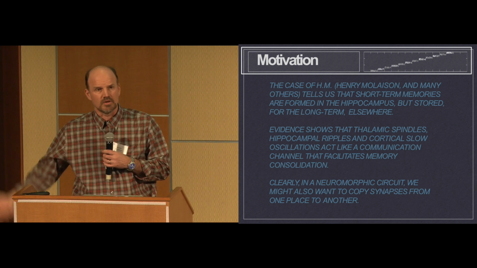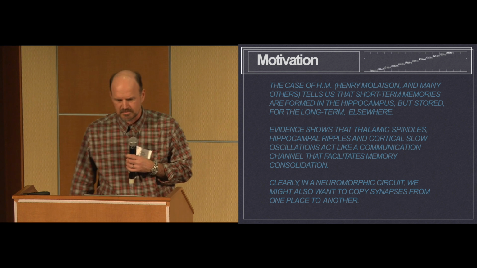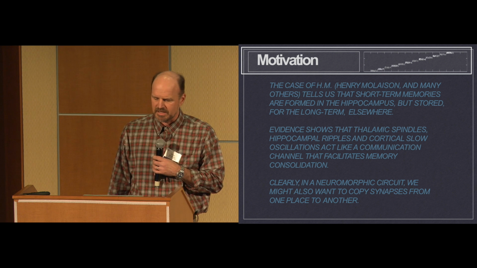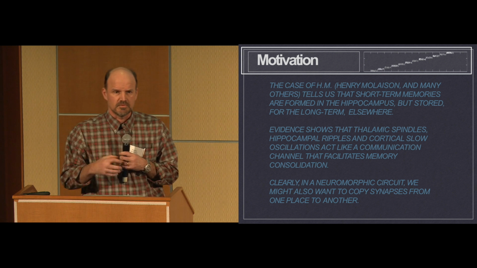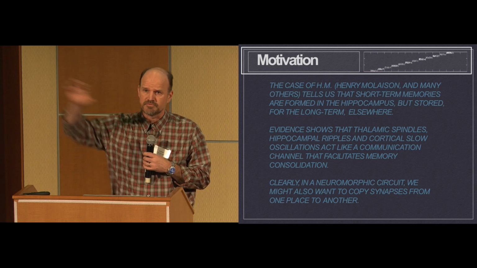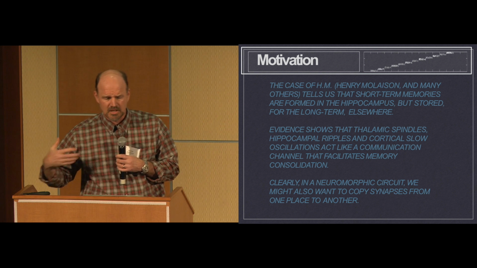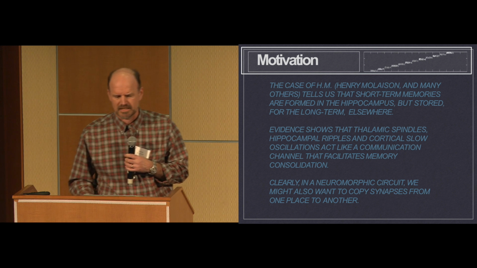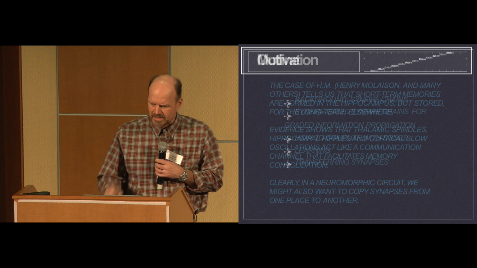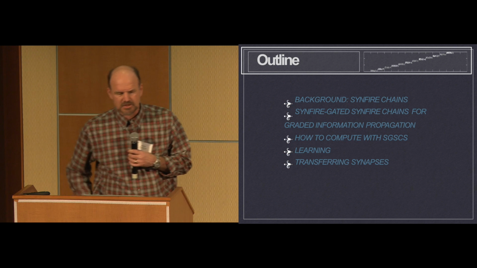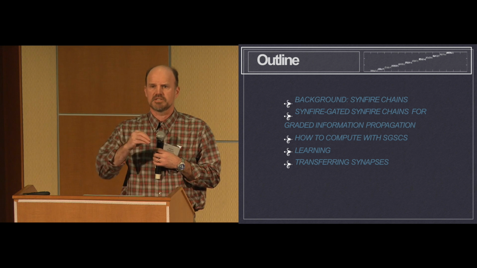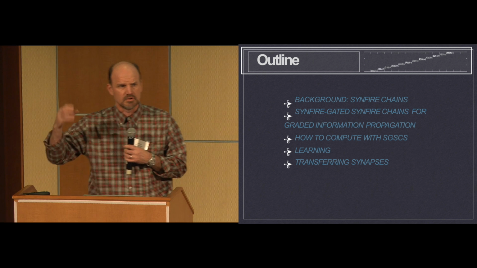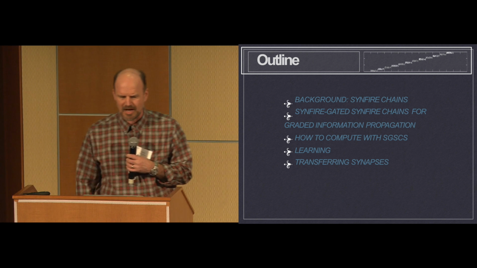The other motivation, which I think is probably obvious to everybody, is that in a neuromorphic circuit, if you've learned something in one place, it might be useful to put it somewhere else to avoid communication bottlenecks and so forth. So this talk is about pulse gating and integrating pulse gating with Hebbian learning in order to perform this synaptic copy.